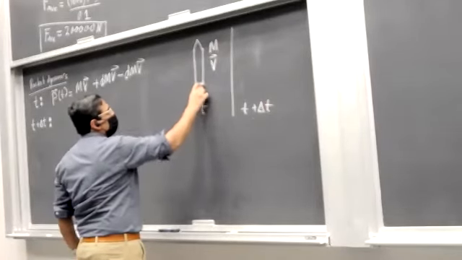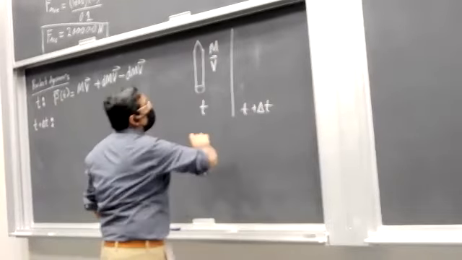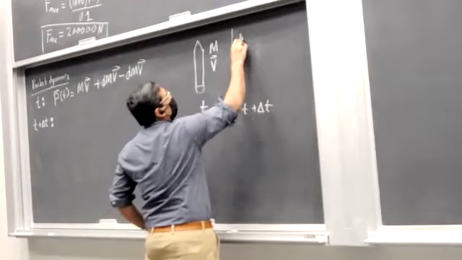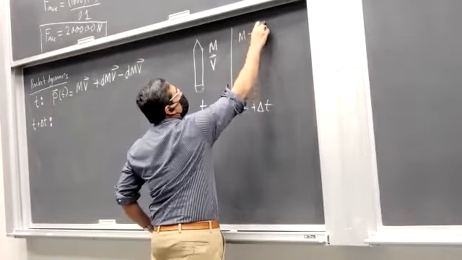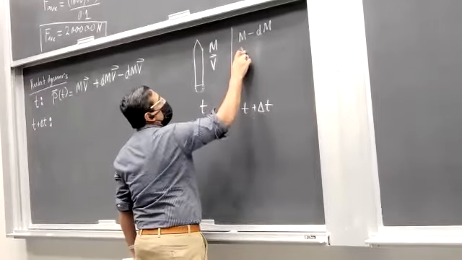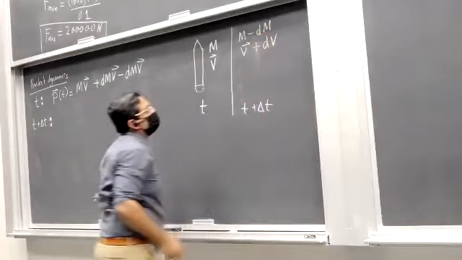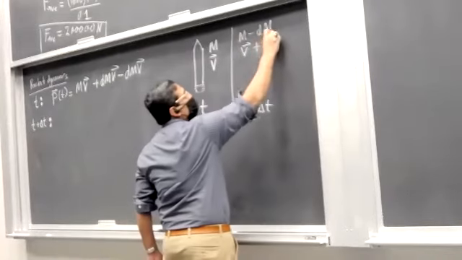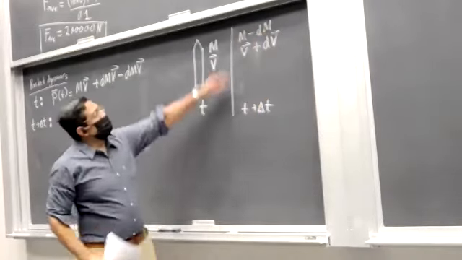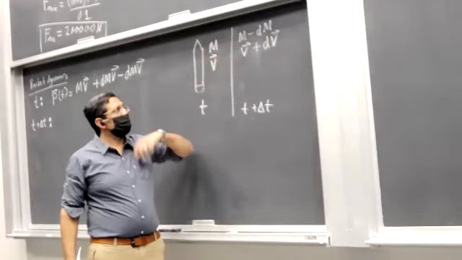What is the mass of the rocket now, if this much mass has left the rocket in time delta t? M minus dm, right? And in the meantime, it has also changed its velocity by a small amount dv. Mass has changed and its velocity has changed.